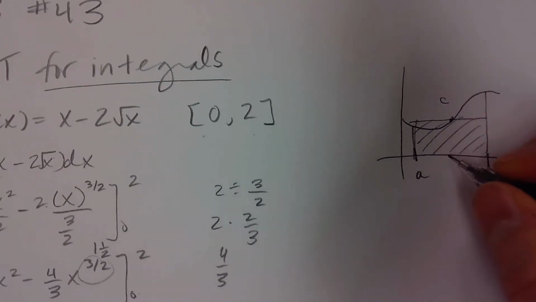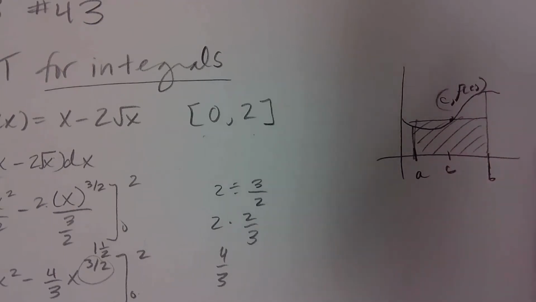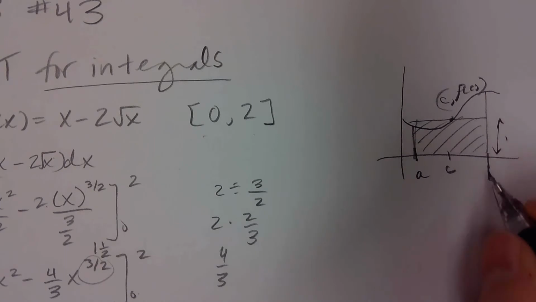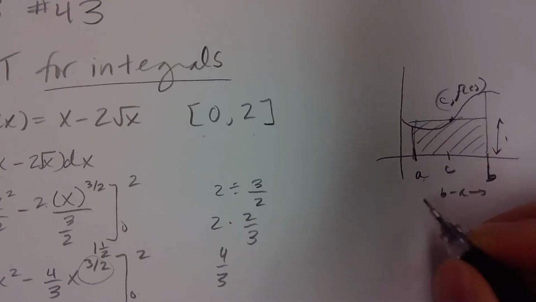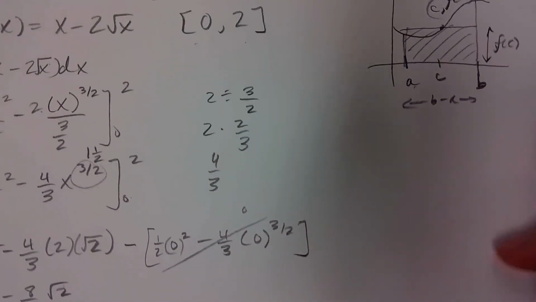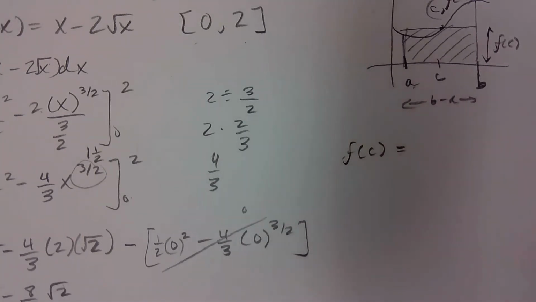If this is at C, then my y value is going to be f of C. And if I'm looking at the actual area of the rectangle, that would be my base. So my base is going to be b minus a, because that's the distance between those two. And my height would be that f of c. So what that means right now, and this is part of that theorem, you don't have to like derive this every single time.